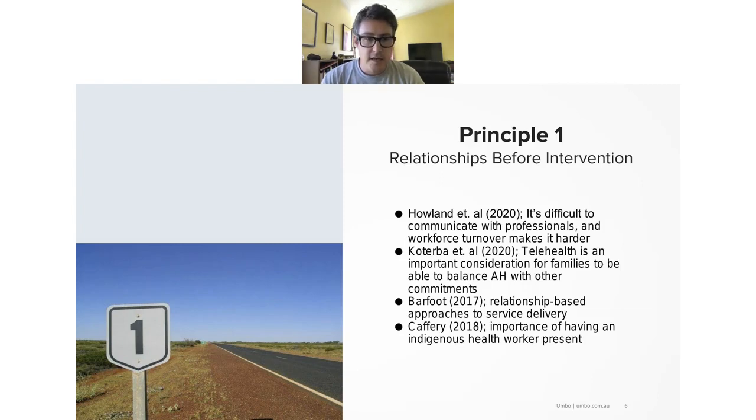The second, going on from the first principle, these are a few more examples from the literature about why this stuff matters. People in Howland's study and in mine told me that it's really difficult to communicate with health professionals.